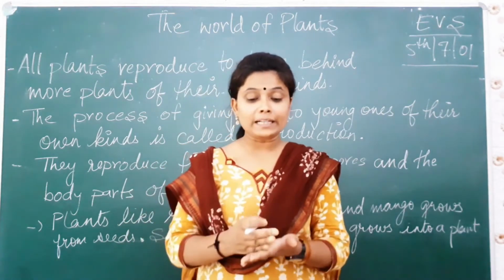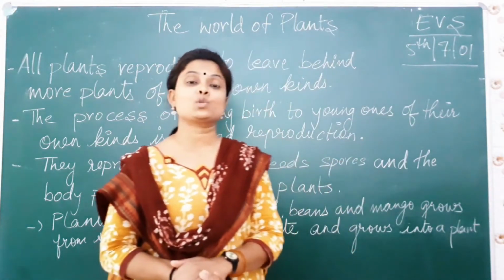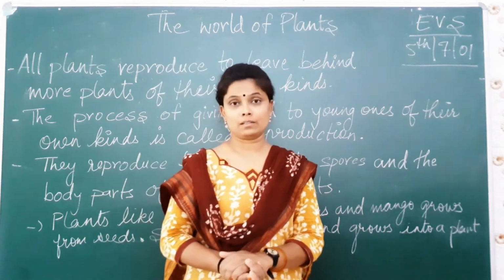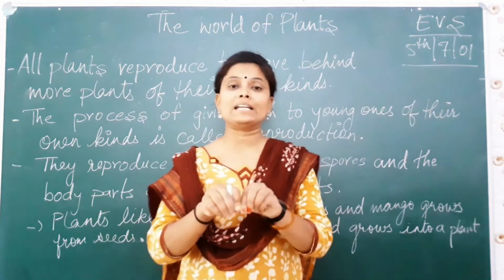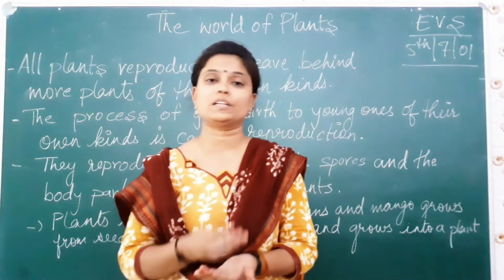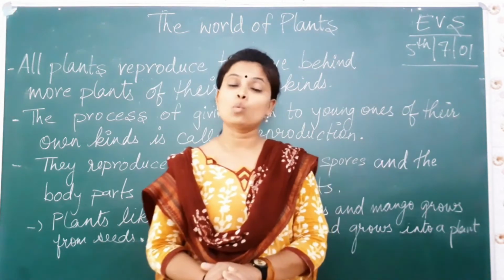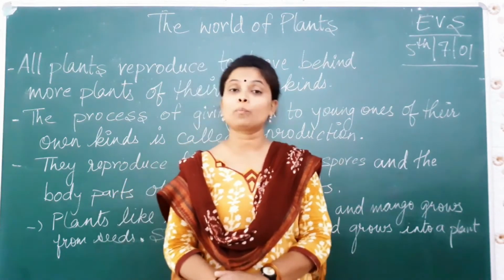We can divide it into two parts. So that's why it is known as dicot. But wheat, then bajra, if you divide them, they cannot be divided into two parts. It remains as one. So that's why it is called a monocot plant.